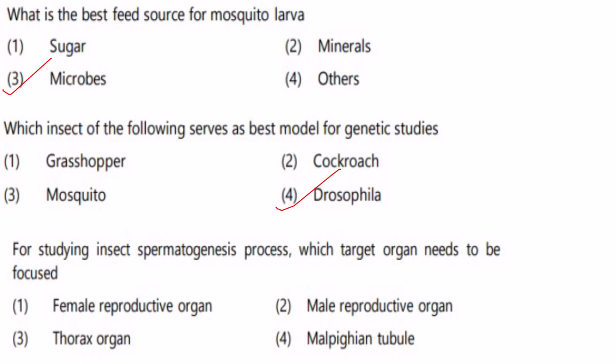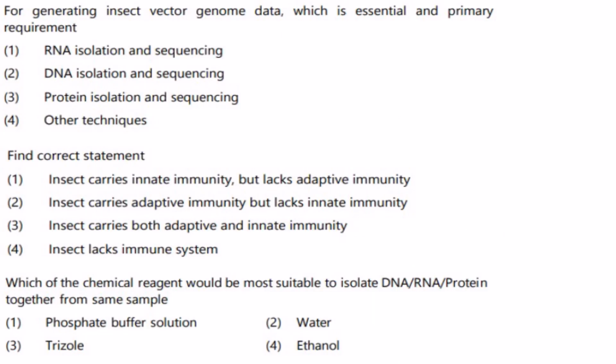Then for studying the insect spermatogenesis process, which target organ needs to be focused? Spermatogenesis, production or the formation of sperms. So you have to go for the male reproductive organ. Then next one, for generating insect vector genome data, which is the essential and primary requirement?